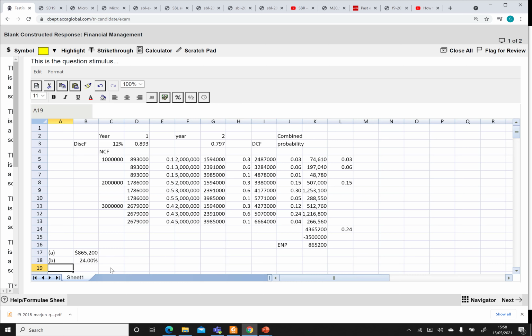The third question is calculate the net present value of the most likely outcome. So going down the column, my highest value is 30%. So the most likely outcome is going to be a discounted cash flow of 4.177 million, obviously before we've deducted the initial investment.